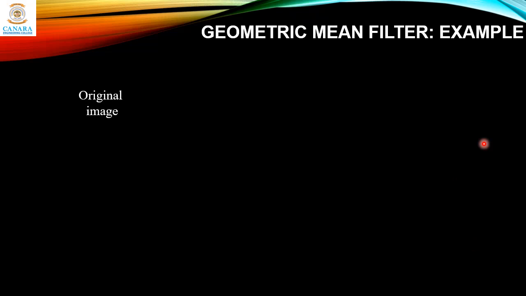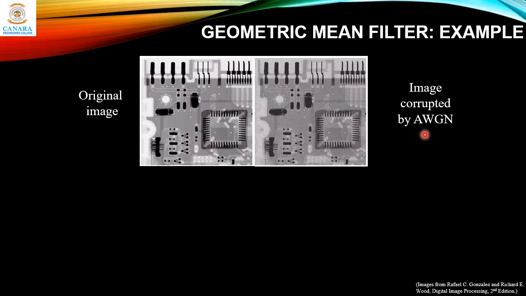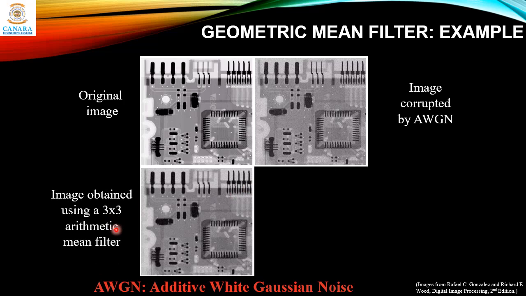Here in this example, we have the original image of a PCB. Then we corrupt this image with some AWGN, which is additive white Gaussian noise. Now if you filter the image using a 3 cross 3 arithmetic mean filter, this is the result, and it performs quite okay. This kind of noise is somewhat removed; basically, it smoothens out the image. Now look at the result obtained by using a 3 cross 3 geometric mean filter.